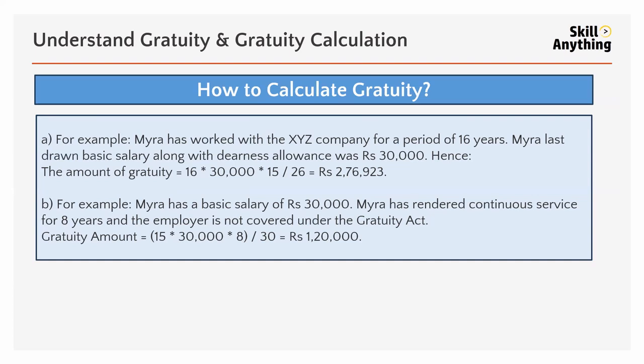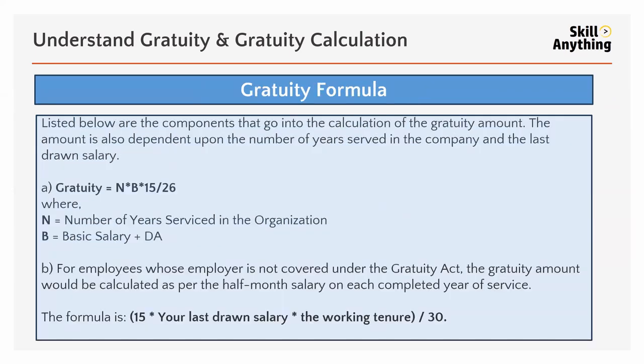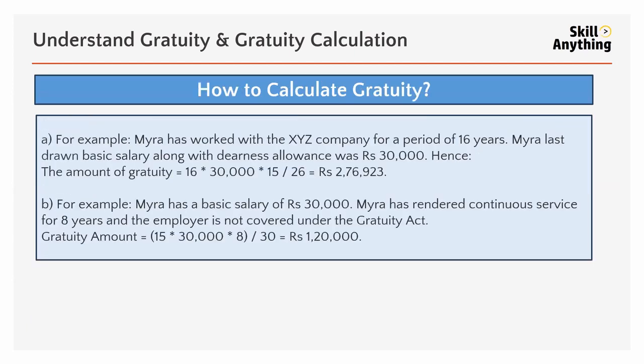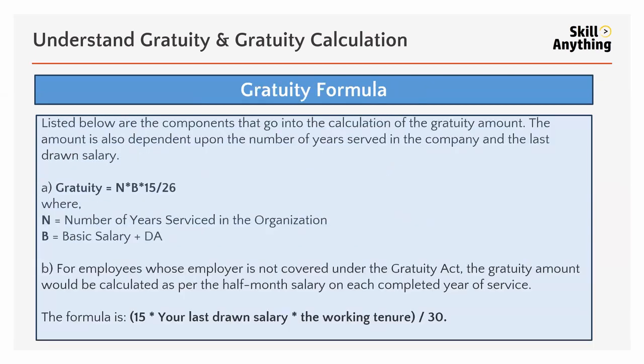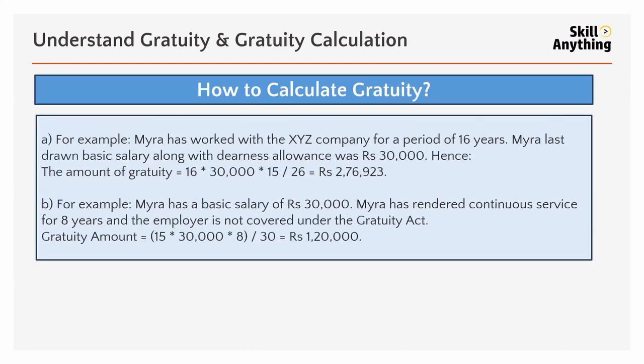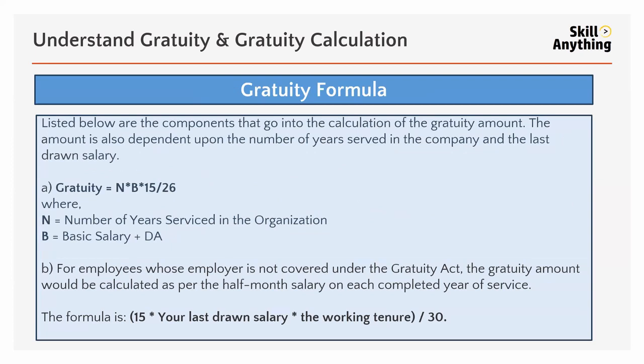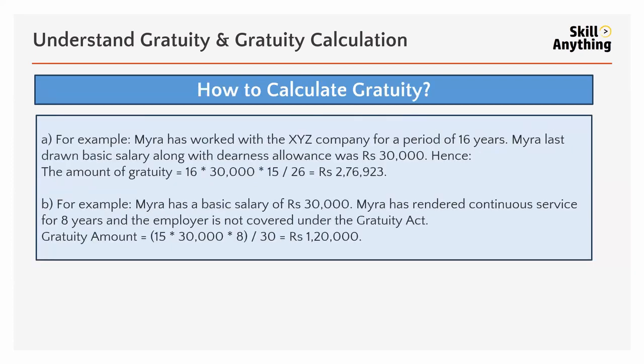N, the number of years of service in the organization, is 16 years. B, basic salary plus DA, is 30,000. Then into 15 divided by 26 equals 2,76,923. She will get this gratuity.